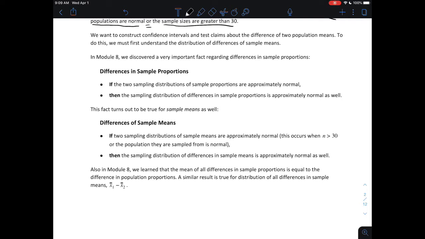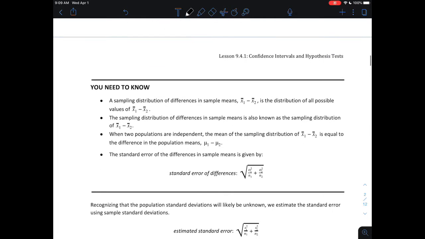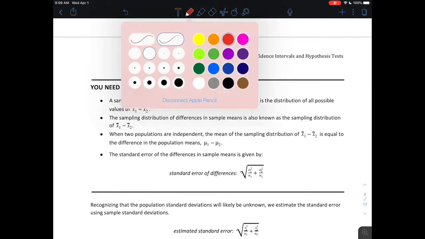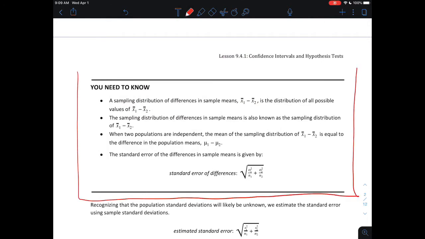A similar result is true for the distribution of all differences in sample means, x bar 1 minus x bar 2. So we see this whole conversation summarized in another one of those very important you need to know boxes. Just as a reminder, if there's a box that says you need to know, then that is something that you need to know.